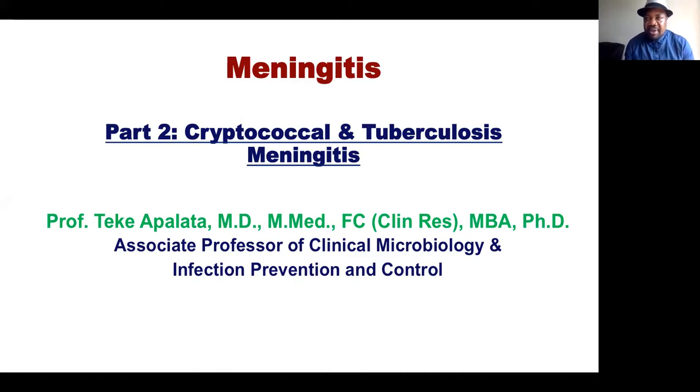The other commonest cause of fungal meningitis is candida meningitis, but we will not discuss that in this lecture. So we will mainly discuss cryptococcal meningitis. And we will also discuss tuberculosis meningitis, which is another commonest cause of chronic meningitis in our setting.